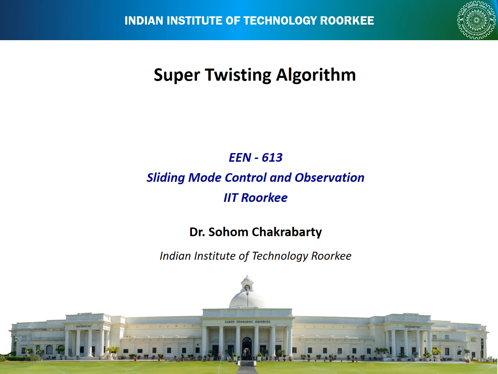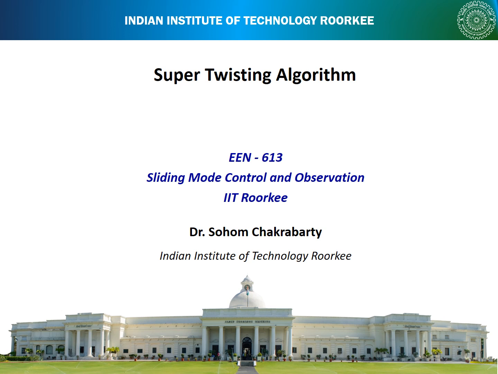However, one major drawback in the twisting algorithm is that it requires both sign S and sign S dot to have the control action. That means information of both S and S dot needs to be available.